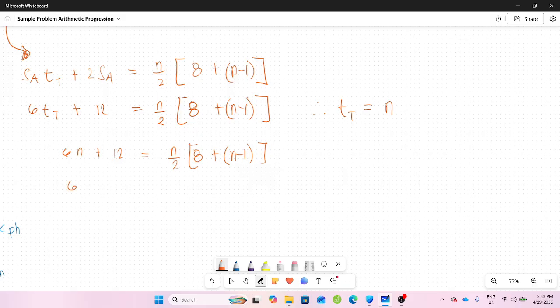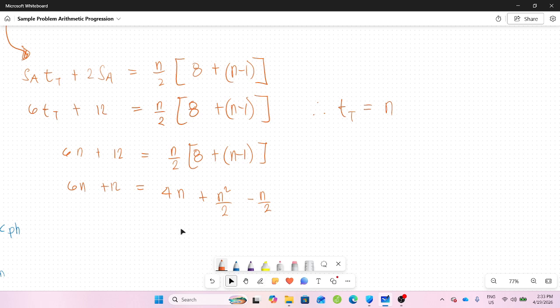So this becomes 6n plus 12. On the right side, we're going to distribute this n over 2 to each term. So we have here 4n plus n squared over 2 minus n over 2. And then we're going to combine like terms.